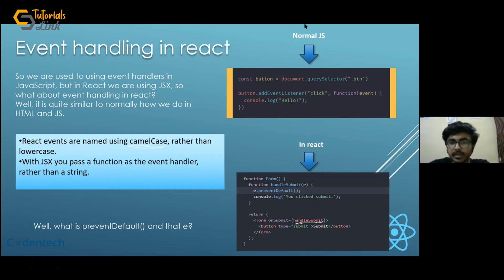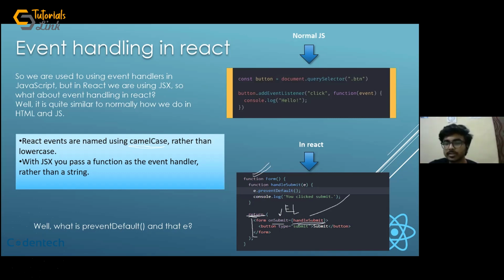Let me tell you. There is a function-based component. There is rendering which is happening with the help of return. There is a form with onSubmit, which means this is an event listener, right? On submit, I will call this particular function, right?